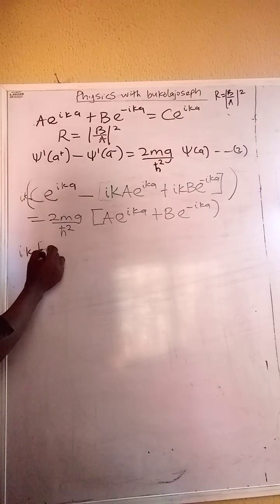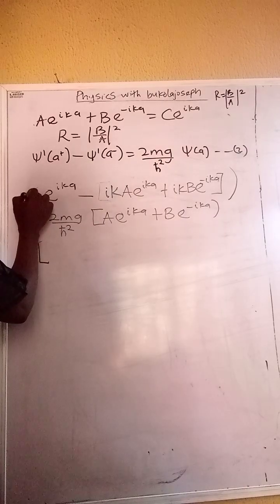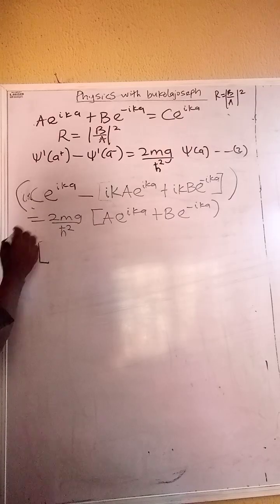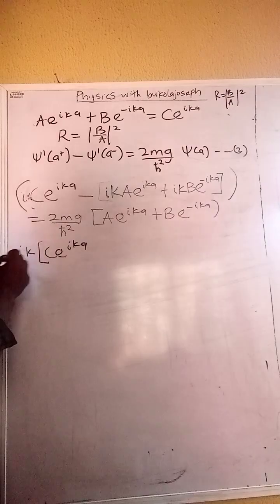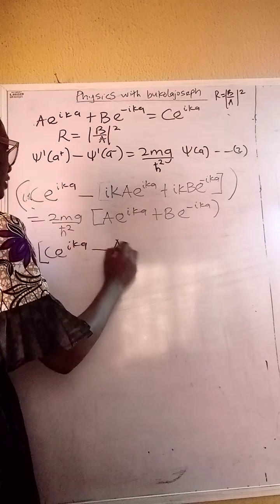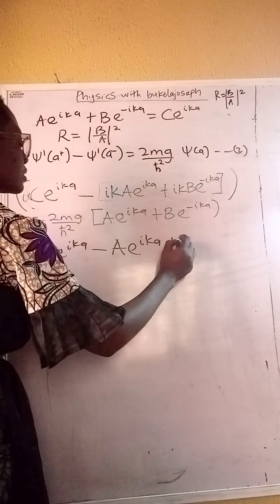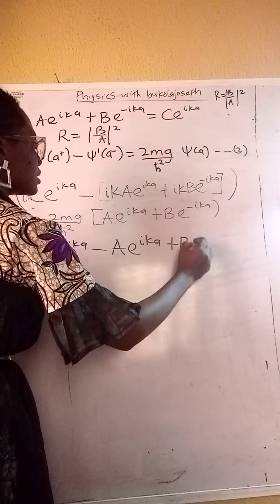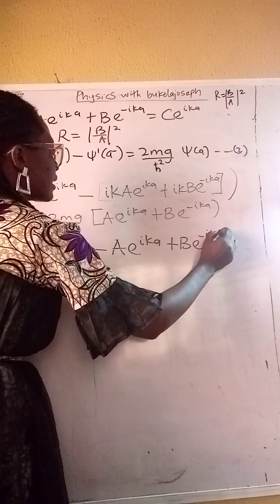If we bring out ik, we have C exponential ika, minus A exponential minus ika plus B exponential minus ika.